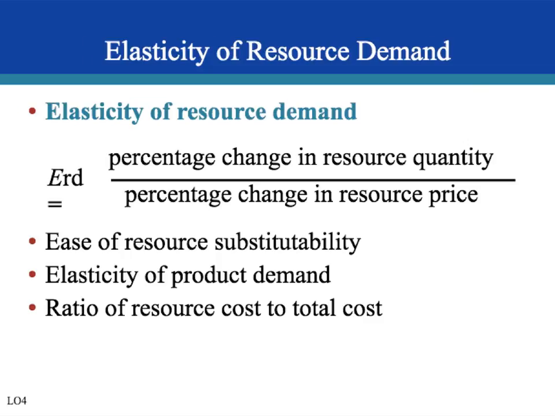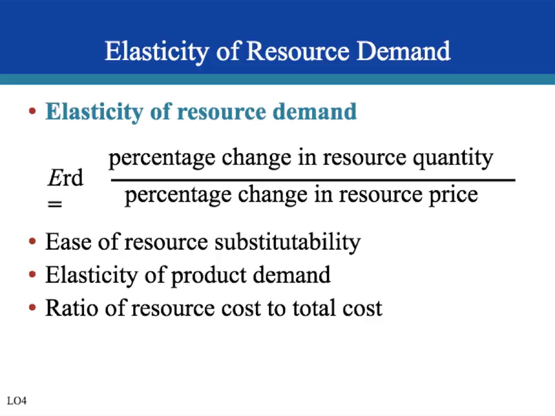So, for example, if labor is the only resource, let's just go to the extreme, and the price of labor increases, then this would increase all the cost curves for the firm and affect production of output negatively.